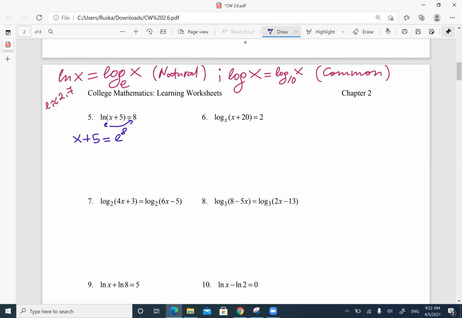Now e to the 8 is a decimal number, so I'm just going to keep it like e to the 8. So in order to get x by itself, I have to subtract 5 on both sides. So these cancel, and you're going to get x equals e to the 8 minus 5.